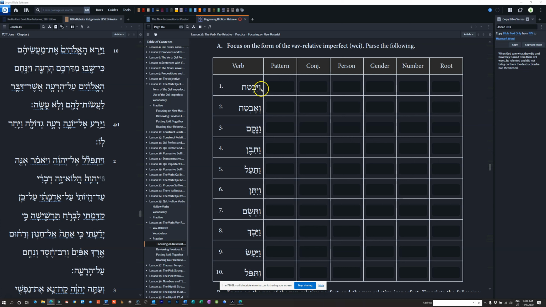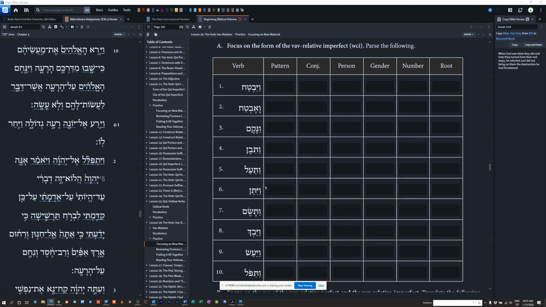Obviously, it doesn't use the hey, and it certainly doesn't function the same way as the definite article, but that patak dagesh that you see, consonant patak dagesh, that's a good way to recognize the Vav relative, because a similar thing happens to the Vav relative when it comes up against a guttural as what happens to the definite article. So definite article could be patak dagesh, or it could be kametz when it's in front of a guttural that can't take the dagesh. The patak lengthens to a kametz.